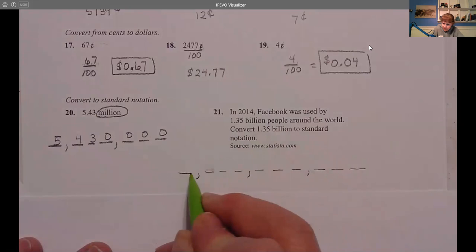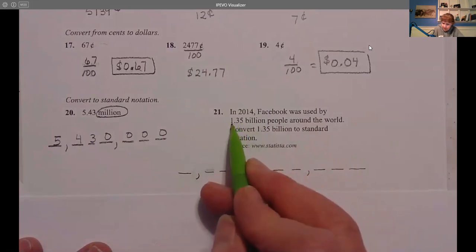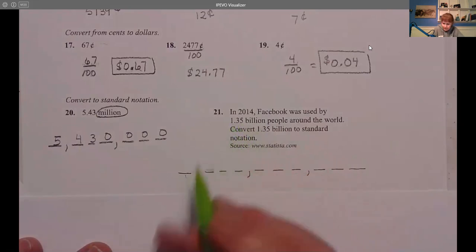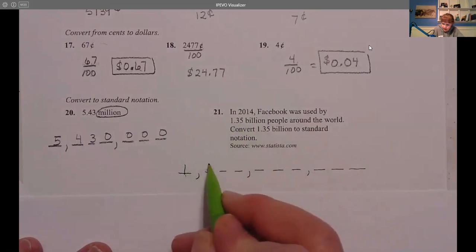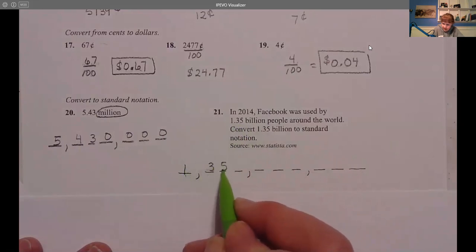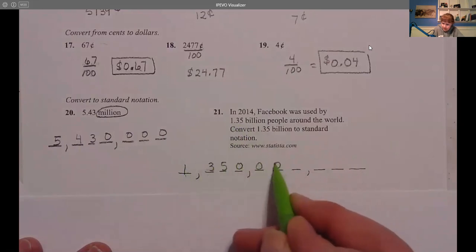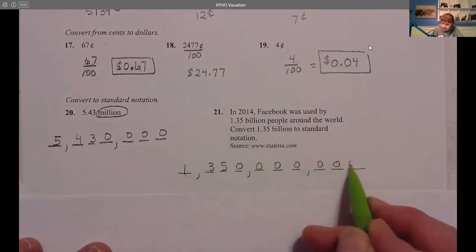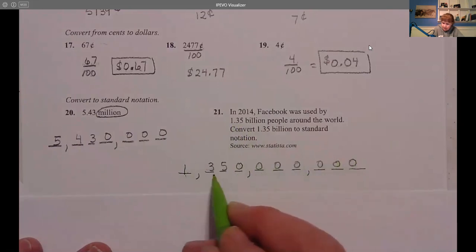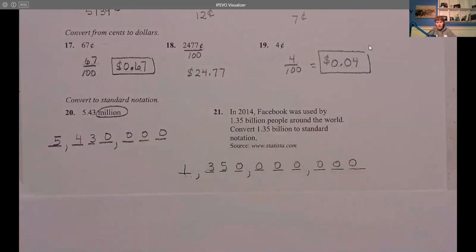And there's our billion. It looks like we're only going to have one number in the billion spot. So 1, 3, 5, and then you put zeros everywhere else. So ones, thousands, millions, billions. So that's standard notation. They want you to put the zeros in there.